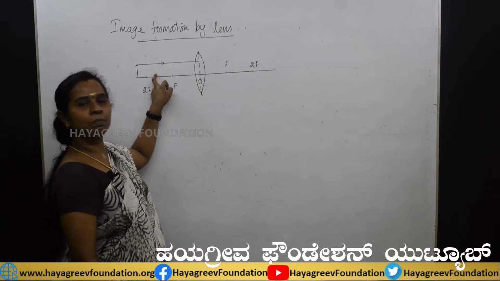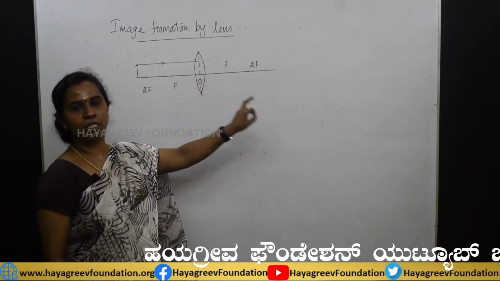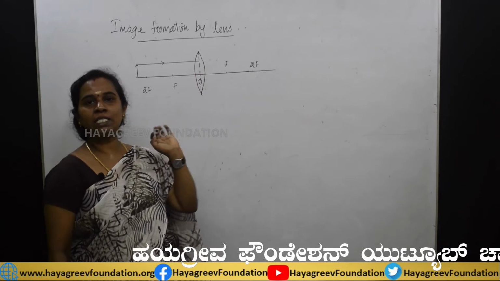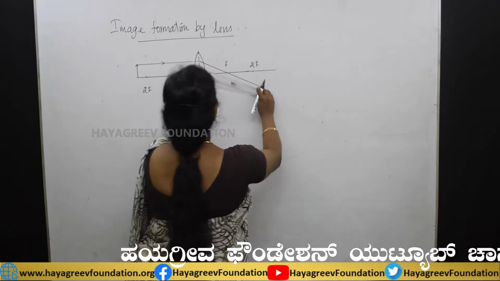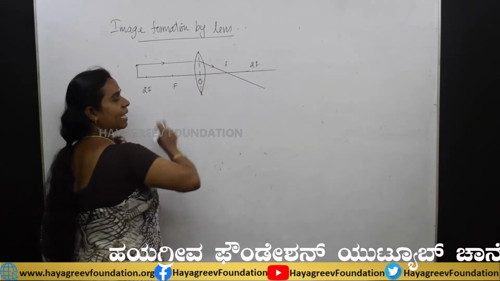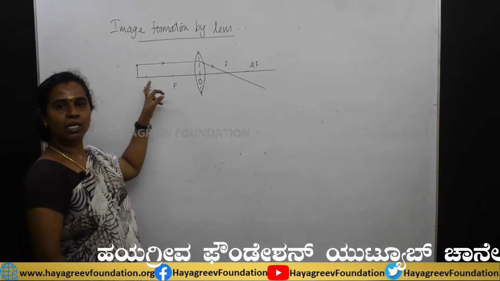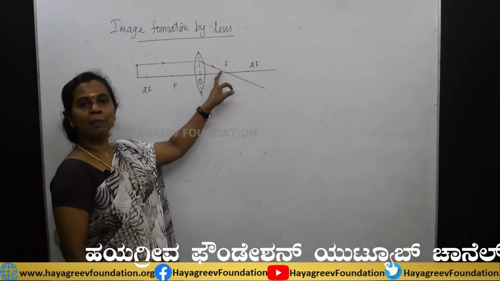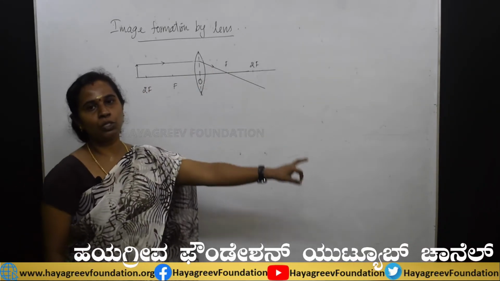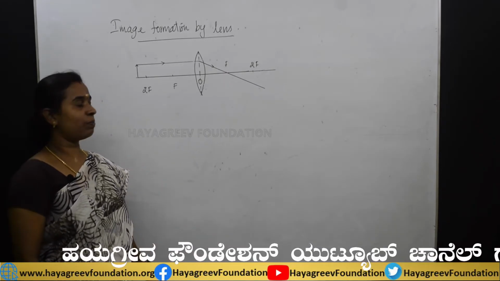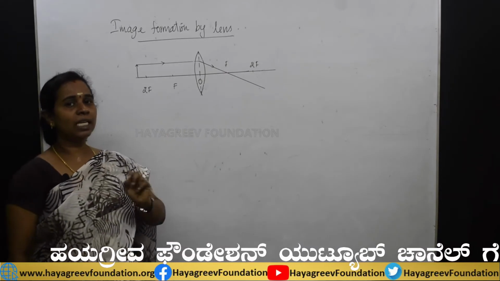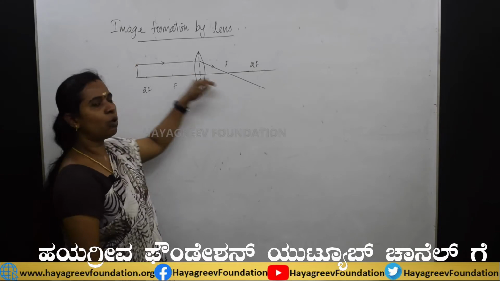If the ray is parallel, after refraction it should pass through the principal focus. So this is the refracted ray direction. If the ray is parallel to the principal axis, after refraction it should pass through the principal focus. The second ray is the one passing through the optic center.